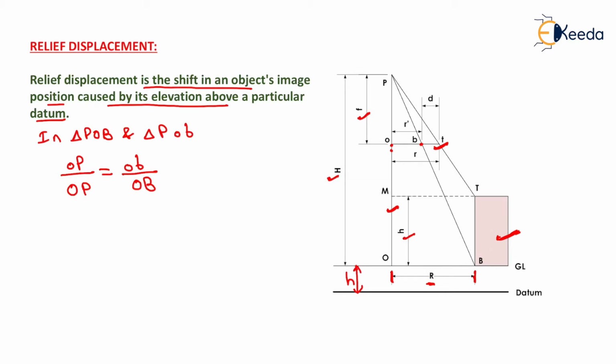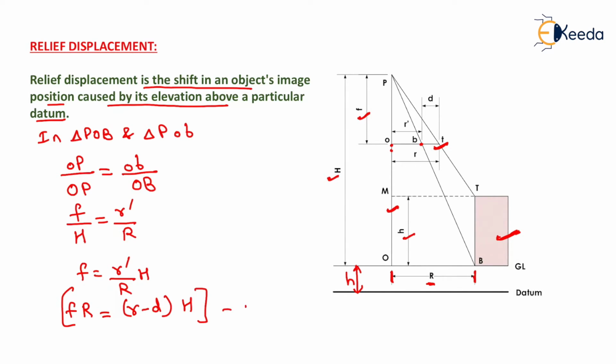So the value of small op will be small f and the value of capital OP will be capital H, and the value of small ob will be r dash and the value of capital OB will be capital R. We can write it as, from this, f will be equals to r dash upon capital R into H, and r dash can be written as capital R minus D. So it will be equals to R minus D into H is equals to Fr. That will be our first equation.